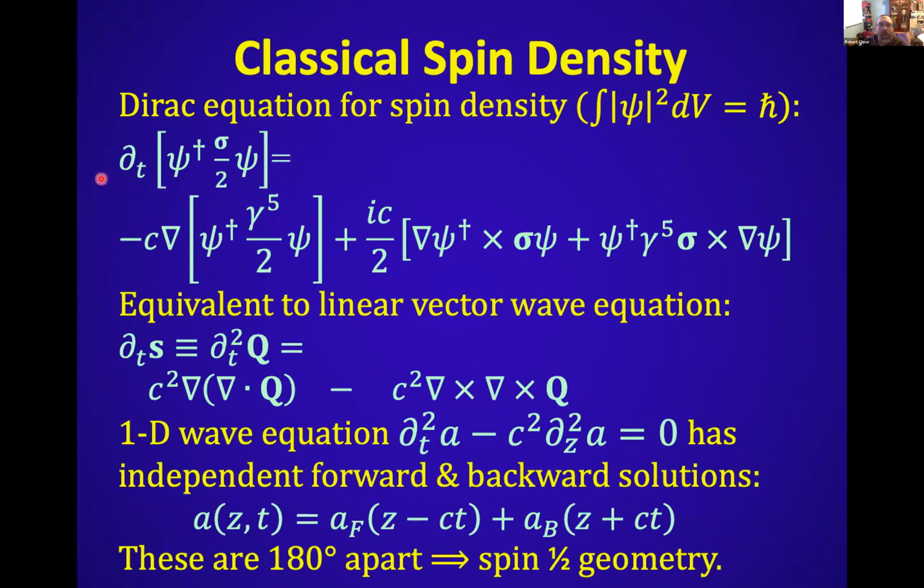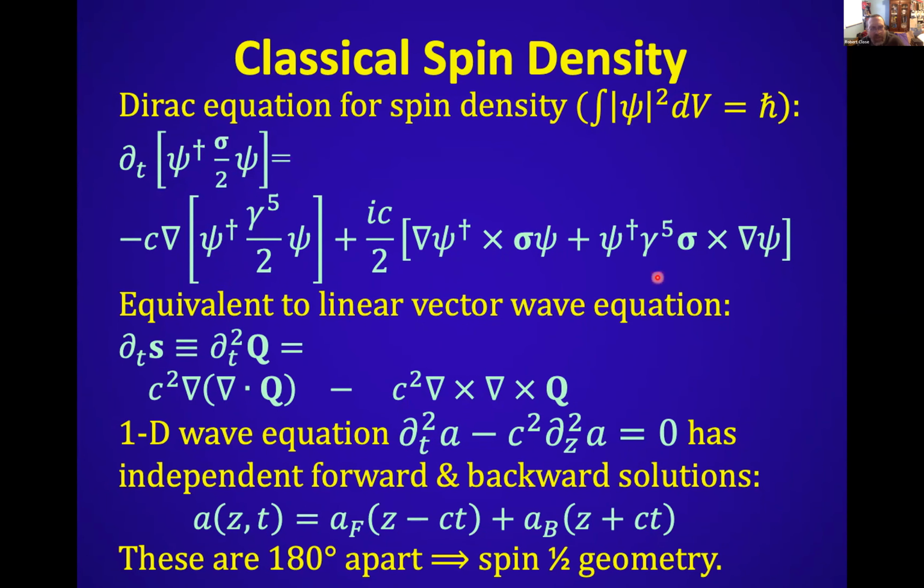So if we take the Dirac equation for spin density, which you would get from the electron equation, just multiply by psi dagger sigma over 2 and then add the complex conjugate, you would get this expression. This is what you would end up with, this sort of complicated expression here.